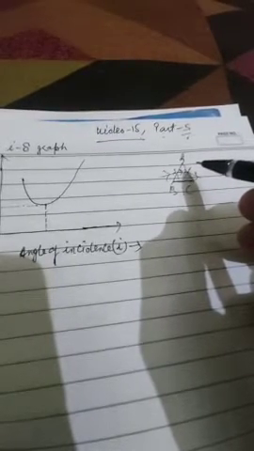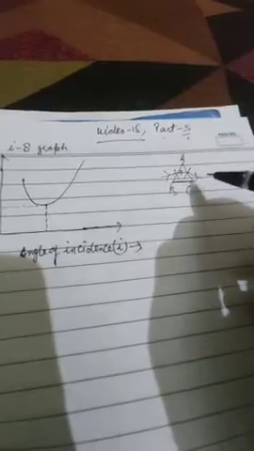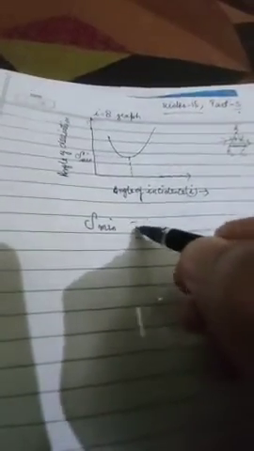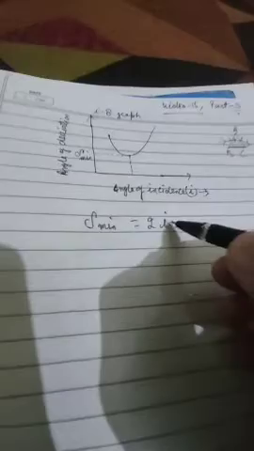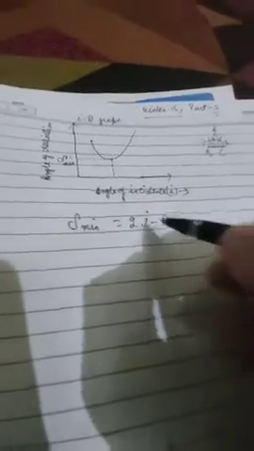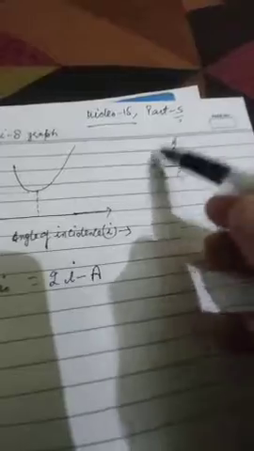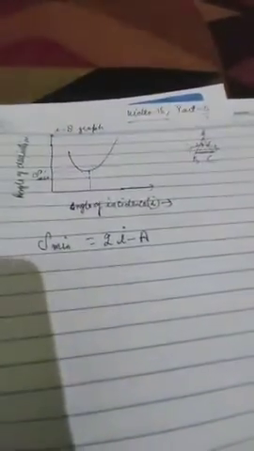The angle of minimum deviation is equal to 2i minus A, where i is the angle of incidence and A is the angle of prism.